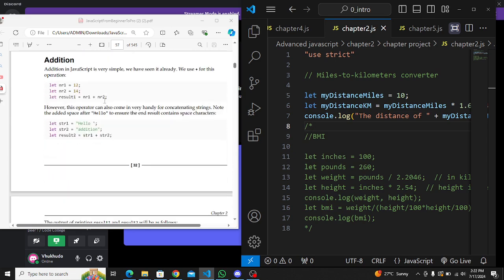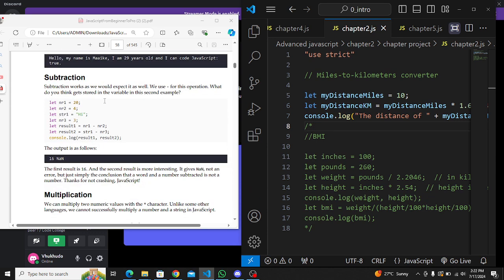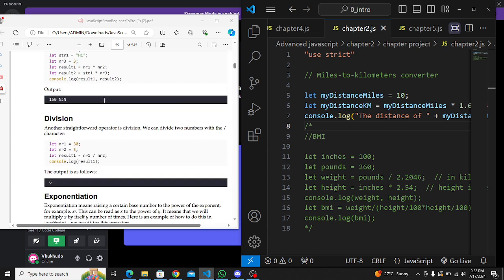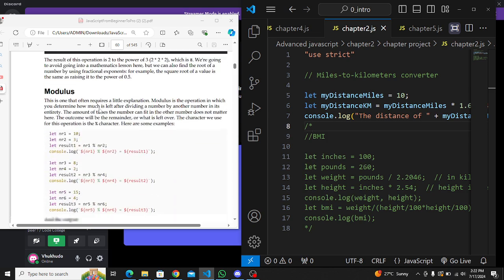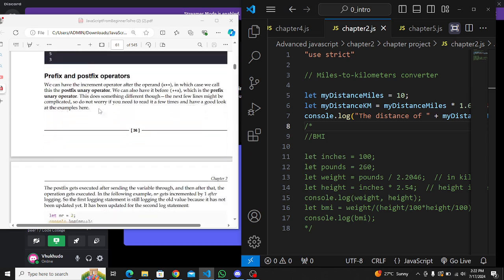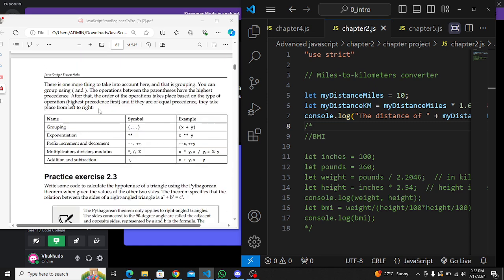I want us to go to the chapter projects, which help us understand the whole chapter in summary.